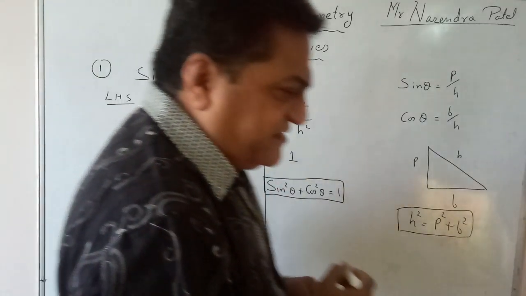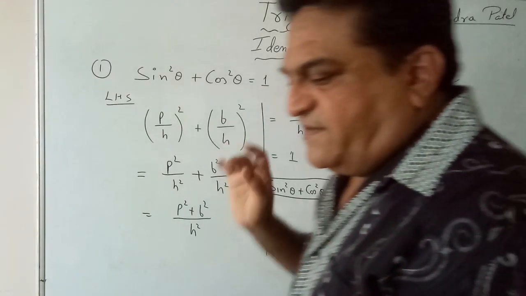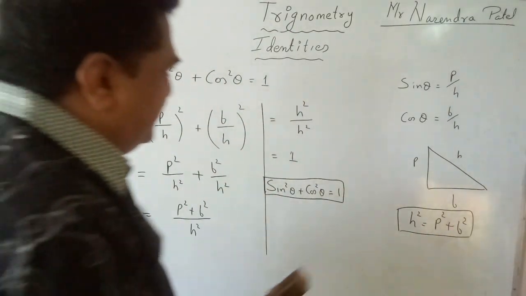You can watch how I have proved it, so that some more proofs can be done from this. Now let me continue. This is the first identity that you know.